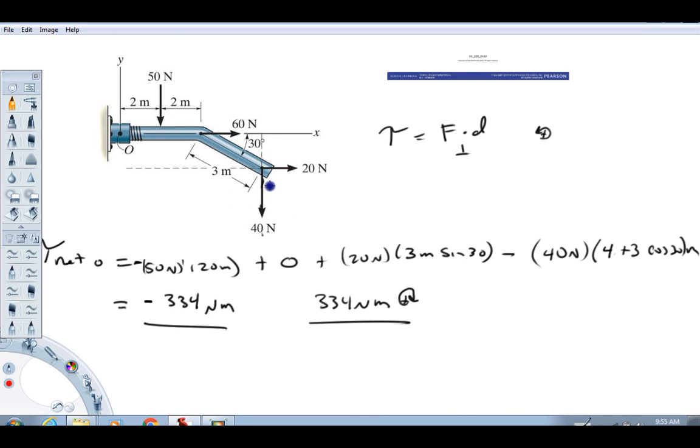This force produces clockwise torque about O, and hence it produces negative torque. Each term needs to be force times distance. Units are Newton meters. The plus and minus sign will then tell you the net torque direction, so in this case, clockwise.